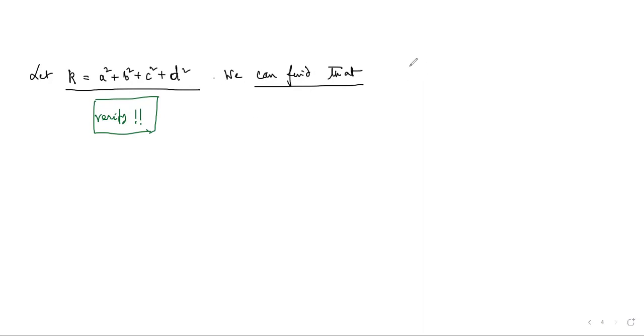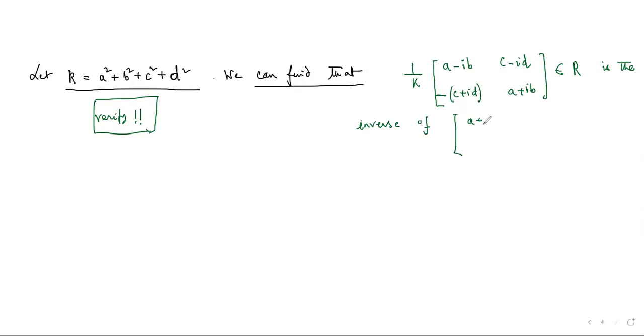So we can find that 1 by K times the matrix with entries A minus IB, C minus ID, C plus ID, and A plus IB, which belongs to R, is the inverse of the matrix with entries A plus IB, C plus ID, C minus ID, and A minus IB, which belongs to R. But I am asking you to verify this because sometimes I make mistakes in calculations.